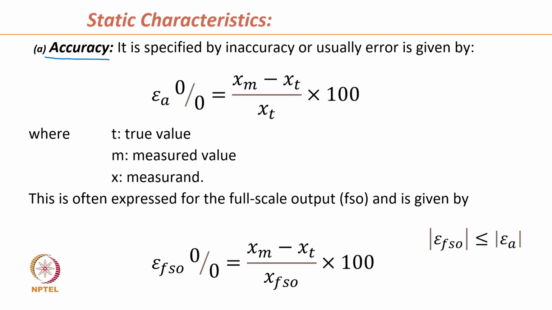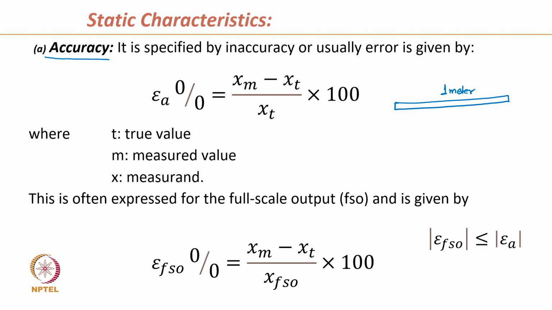So, the error actually is how much is the difference between an actual value of a parameter and the measured value of a parameter. For example, we have a stick which is 1 meter in length.